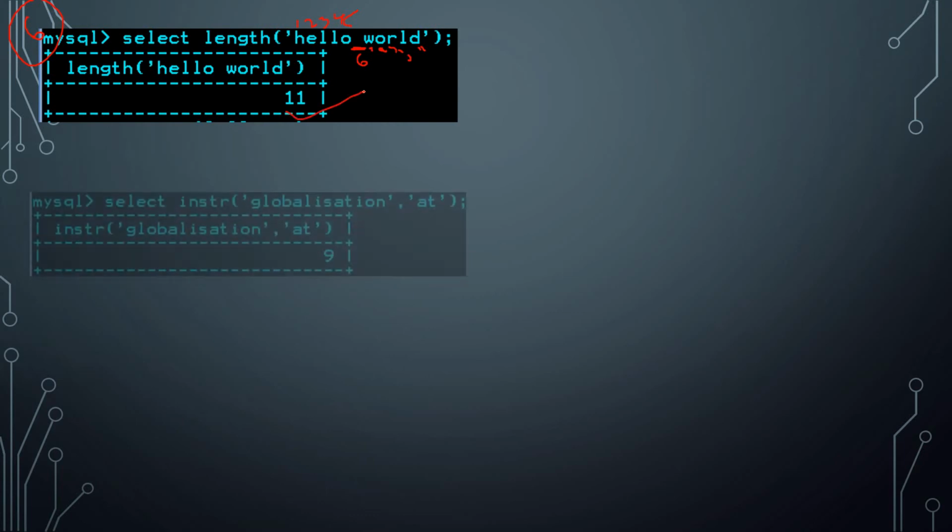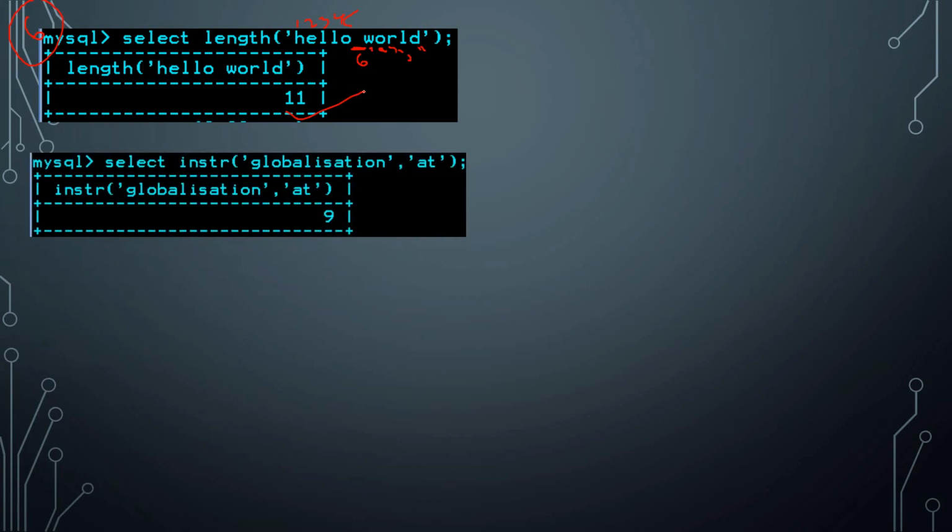Now the next function is INSTR. INSTR is used to find the index of a slice. If you are giving any slice, and I want to check whether the substring is present in this string or not, then I will use INSTR. If it is there, then it will give us the index value directly. So this is our next function, INSTR, that is, in string. Here is my string, globalization.